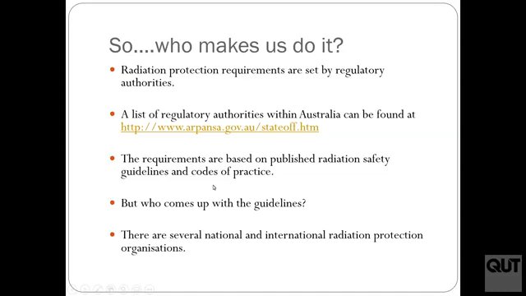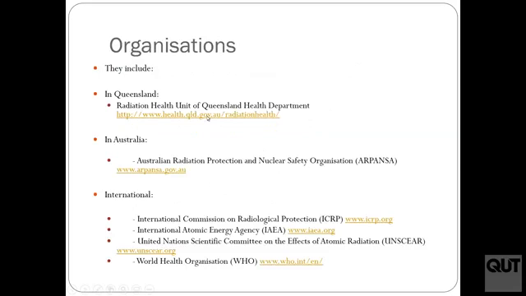So who comes up with the guidelines? There are different national and international organisations. They include, in Queensland, the Radiation Health Unit of the Queensland Health Department, and that's their website there. In Queensland we follow the Radiation Safety Act of 1999, I think it is, with various updates.